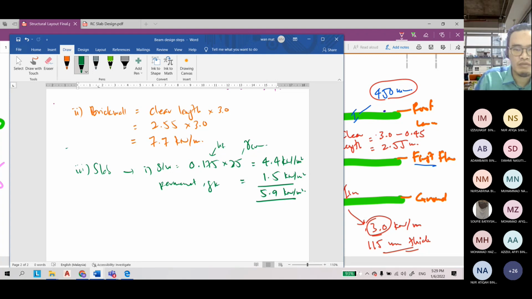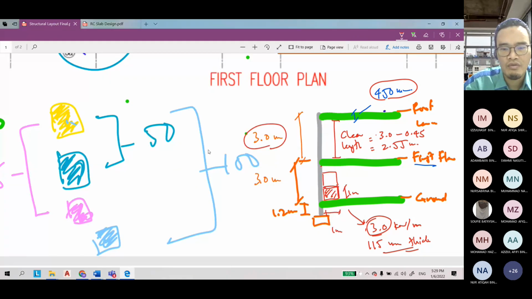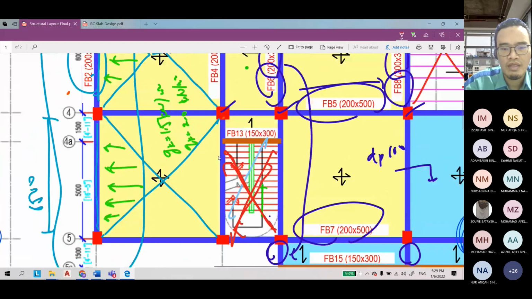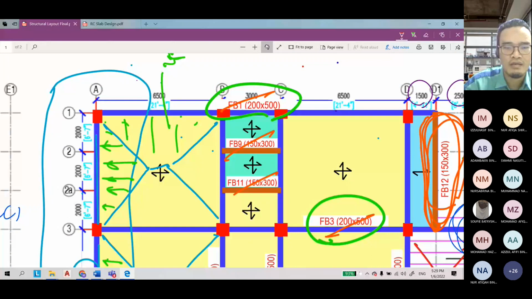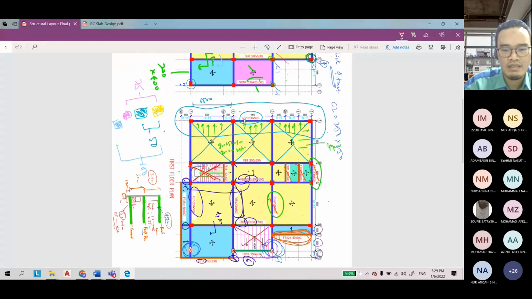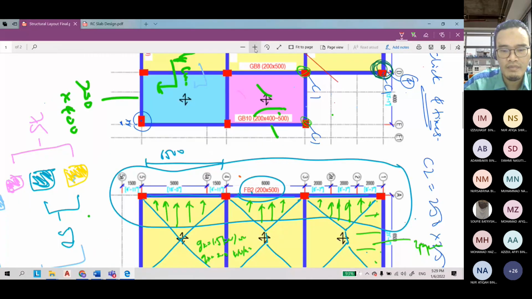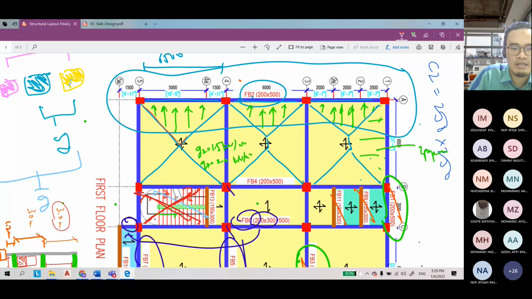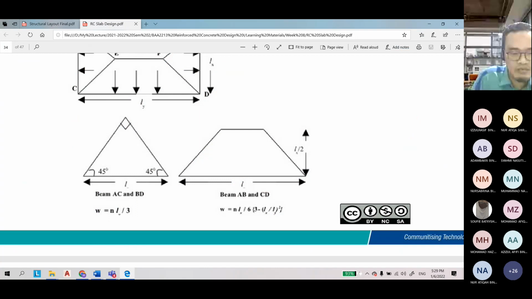So you can help me to use this equation, because the shape here, I show you, I rotate again, the shape here is triangular. So you can help me by using this equation: W is equal to nLx over 3.